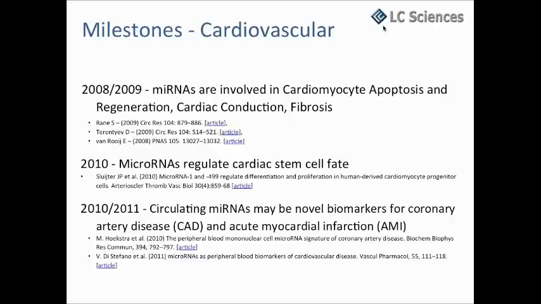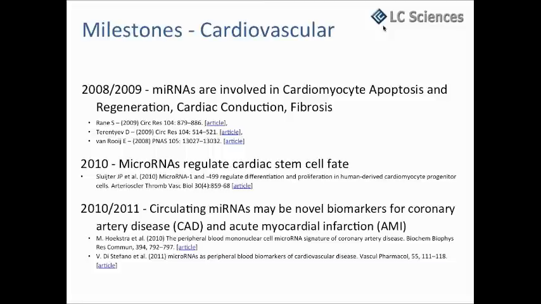Not going into much detail, but in 2008, 2009, other additional microRNAs were discovered and how they fit into the field. In 2010, the stem cell fate of cardiac stem cells was discussed, which microRNAs play a role there.